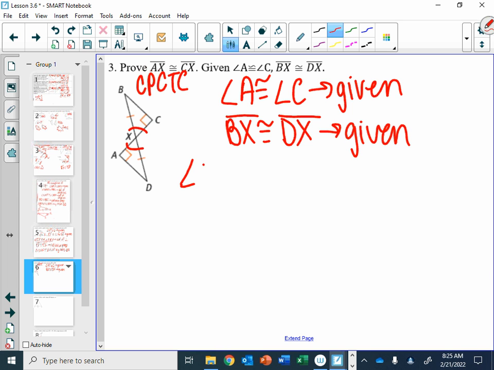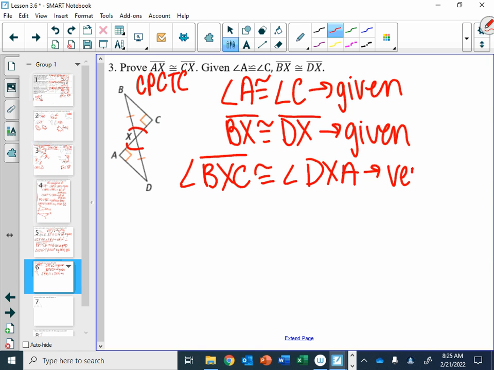So angle BXC is congruent to DXA because they're vertical. Good. As you can tell, vertical comes up a lot. Angle bisector, perpendicular bisector, that comes up a lot. This one comes up a lot.